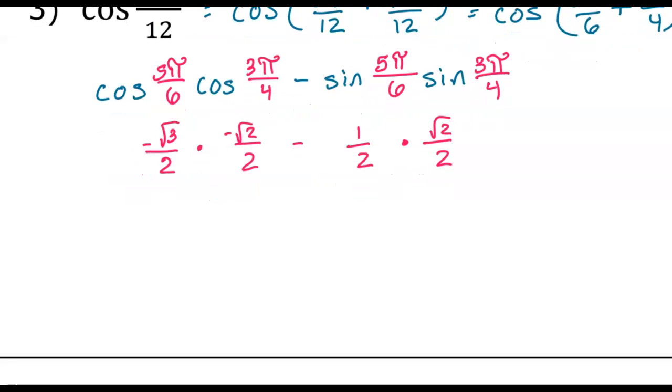Good. So now, what does the multiplication give us? So it's positive, and the denominator is 4. Minus, what do we have here? So what is our final answer? Good.